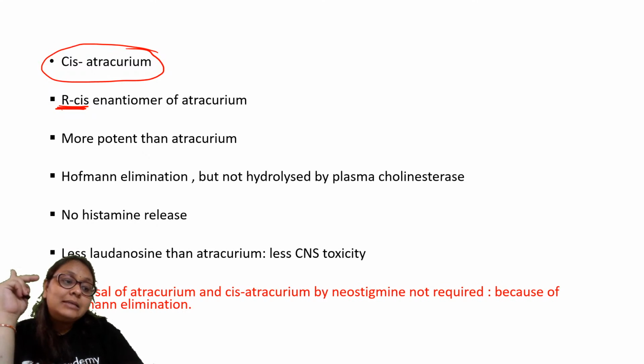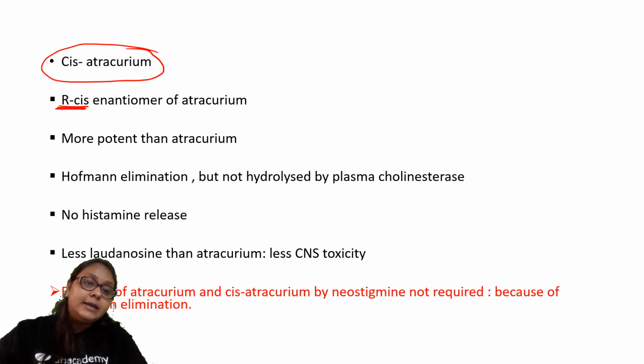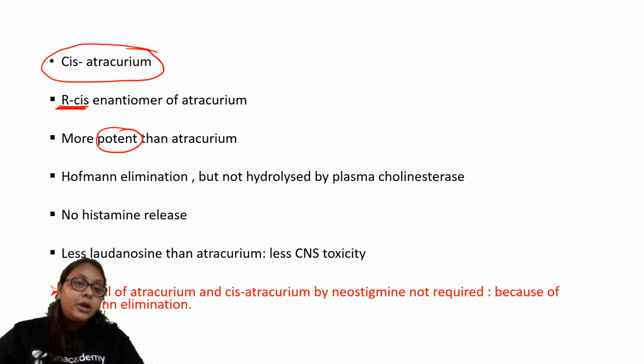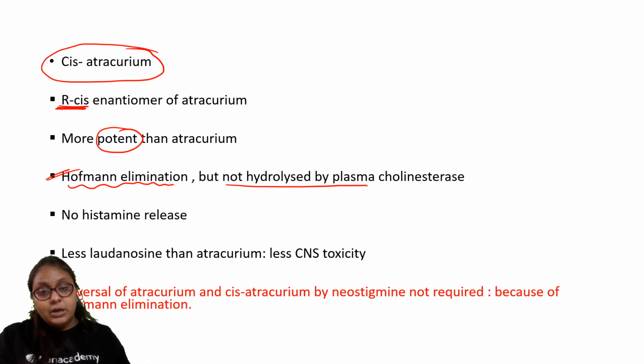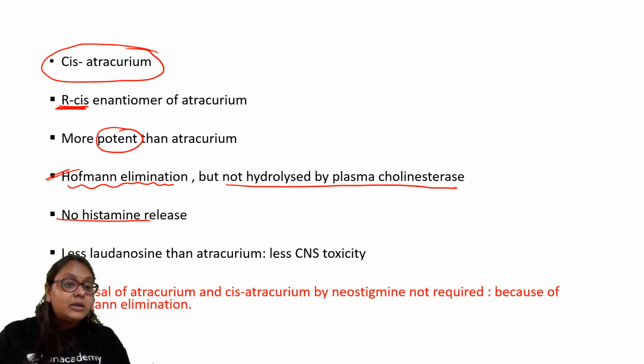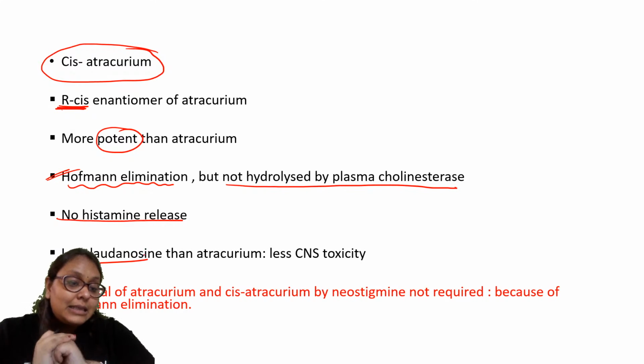Cisatracurium is the R enantiomer. It is more potent. It kept the good point of atracurium, Hofmann elimination, but 100% Hofmann elimination; it is not metabolized or hydrolyzed by plasma cholinesterase. No histamine release and less laudanosine. And as there is less laudanosine, there is less CNS toxicity. Is it clear?